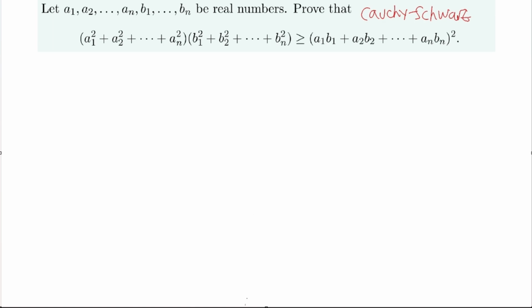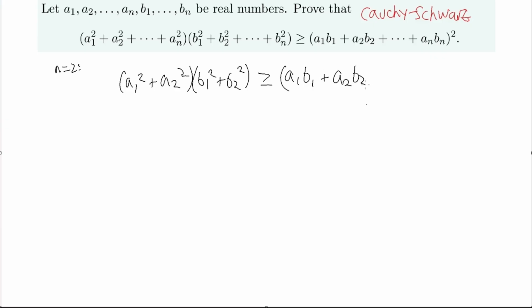Nothing else is needed. So how do we go ahead and start this problem? Well, we want to not deal with n variables right now because that's a bit much. So for now, let's go ahead and deal with n equals 2. Then we get a1 squared plus a2 squared, times b1 squared plus b2 squared, and we want to prove it's greater than or equal to a1b1 plus a2b2 all squared.